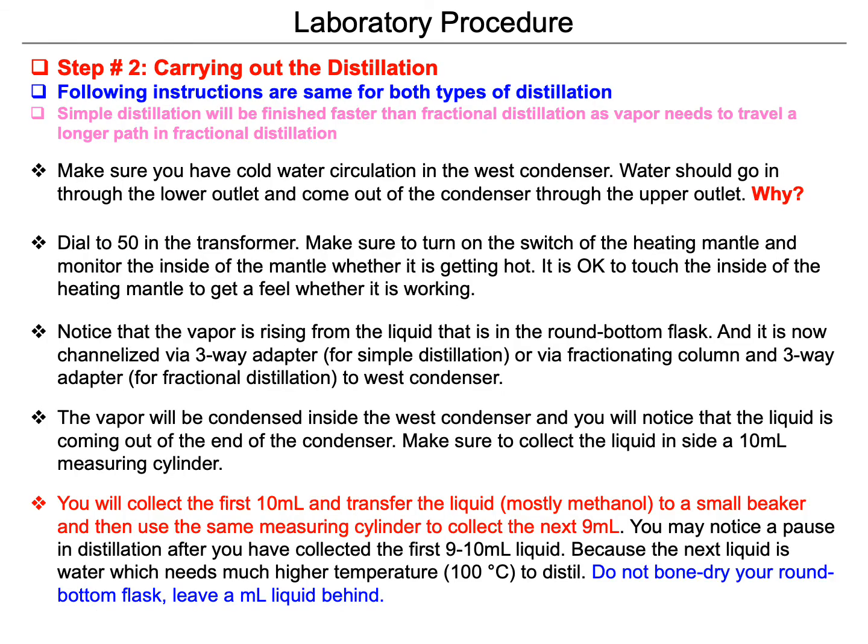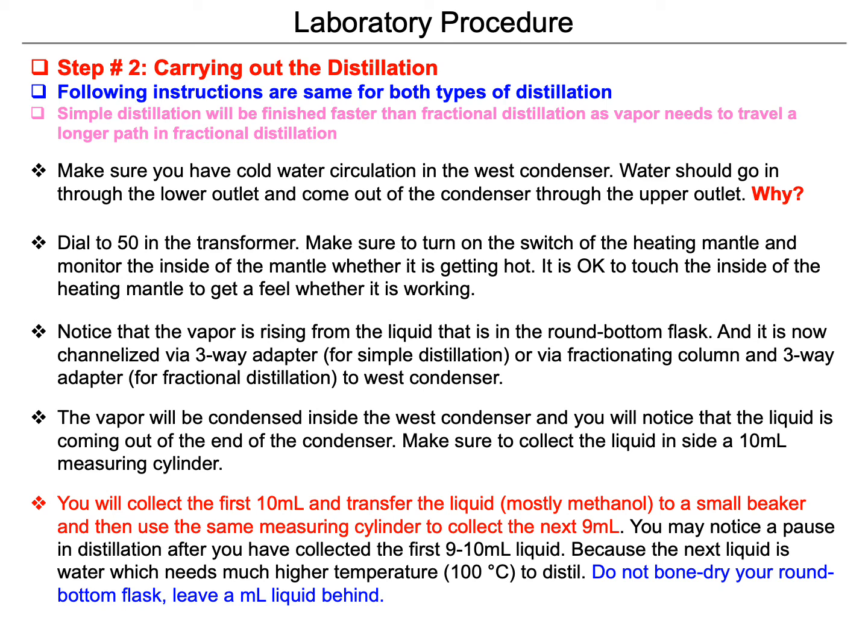You need to consider that the water should enter from the bottom and exit from the upper exit. Why do we need to do that? Because we want to fill the whole condenser. The other way, we'll fill the condenser only partially.